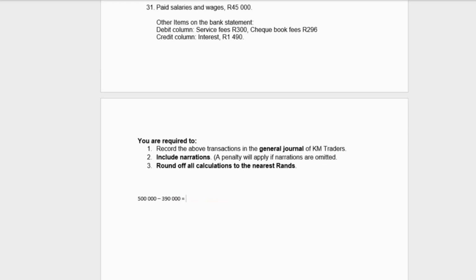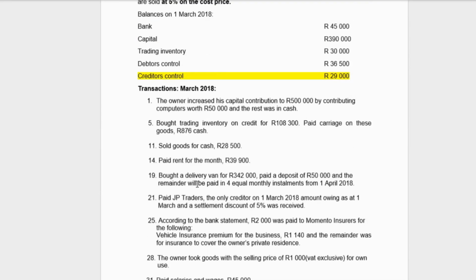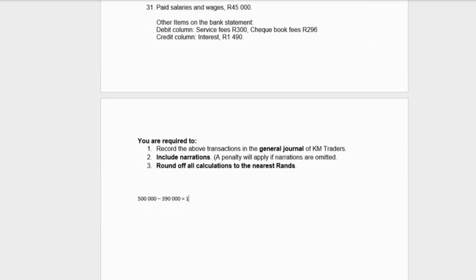Just put this on your calculator quickly right there, and then we'll be able to get how much was the capital contribution. As I put it on my calculator, 500,000 minus 390,000, the owner has contributed 110,000. 110,000 in total of capital, right?